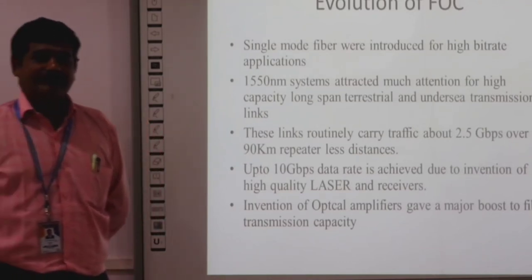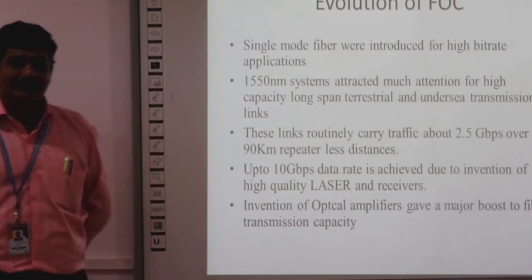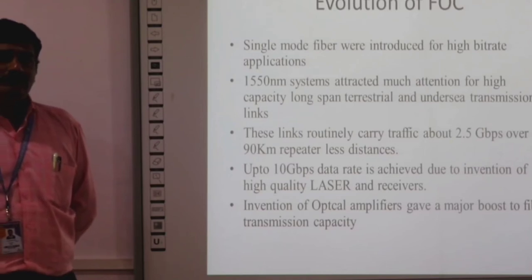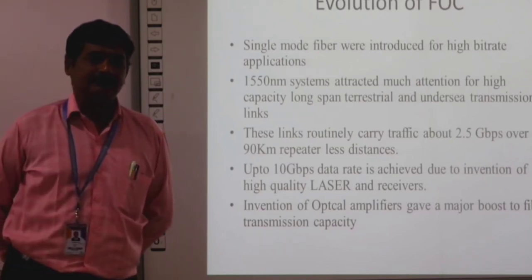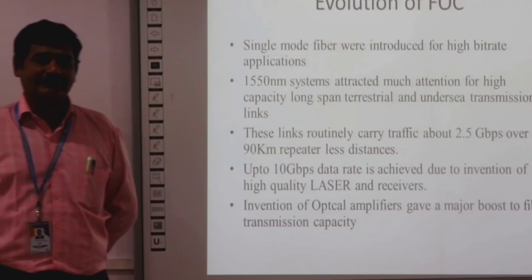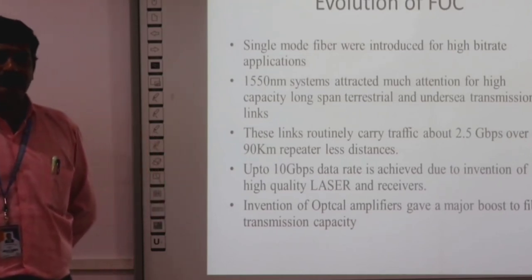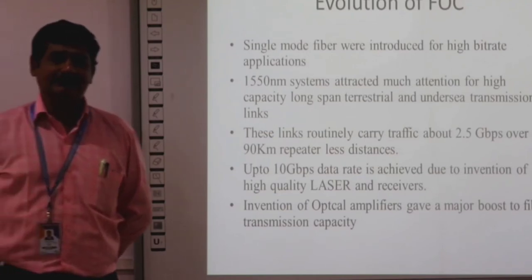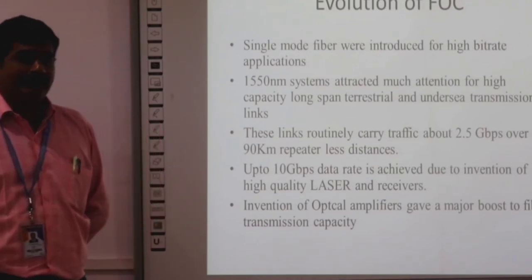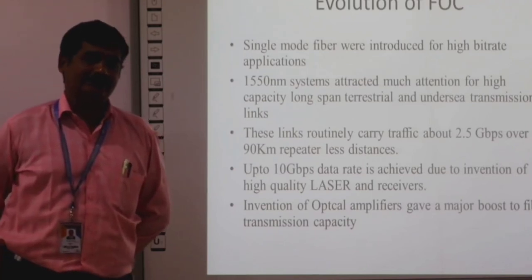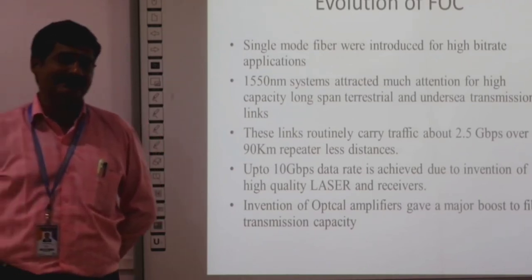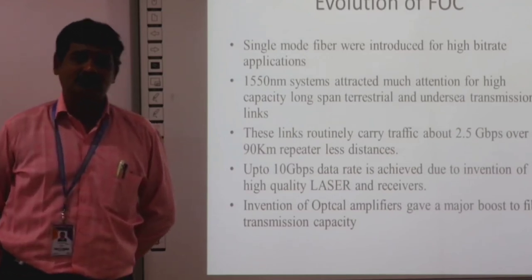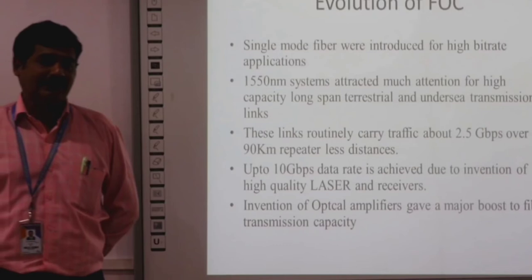In electrical communication, when the signal is attenuated, we introduce repeaters in order to boost up the signal. A repeater consists of an amplifier and a regenerator, and it sends the signal on. Here we are transmitting an optical, light signal, so ordinary amplifiers we can't use; we have to use optical amplifiers.